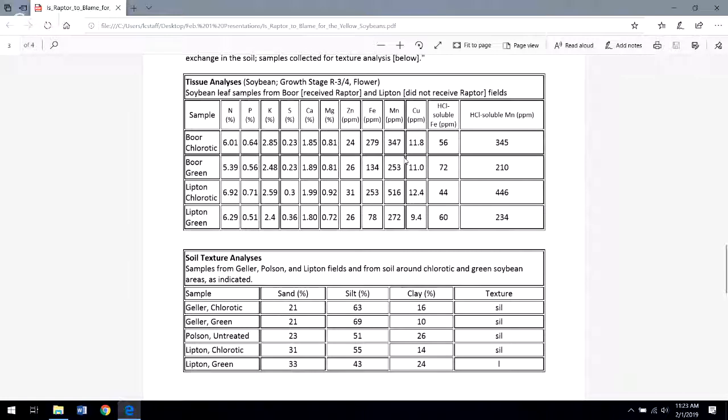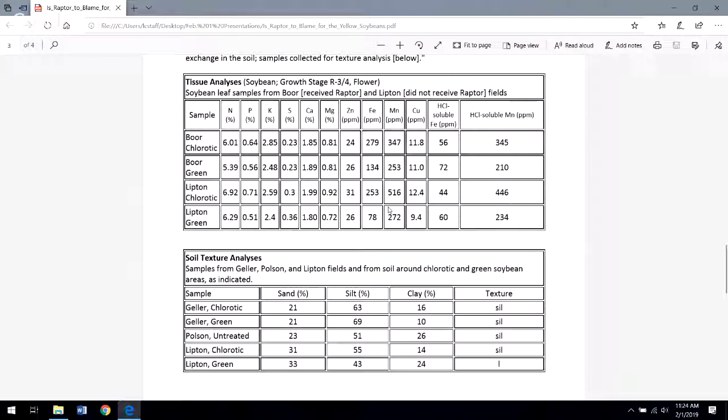Yeah, the chlorotic one has high iron, and the chlorotic one has high manganese, and it's giving classic micronutrient deficiency symptoms. Okay, how does that work? Anybody? No? Well, we've already decided Raptor is not to blame, but what's causing the yellowing?